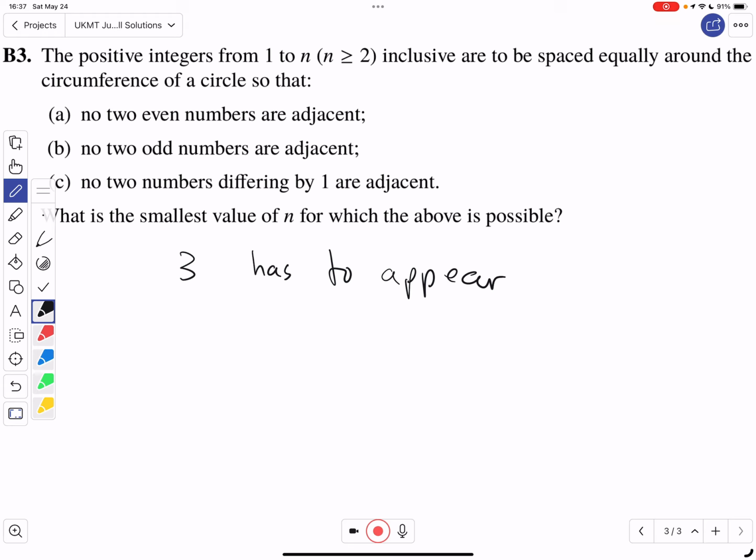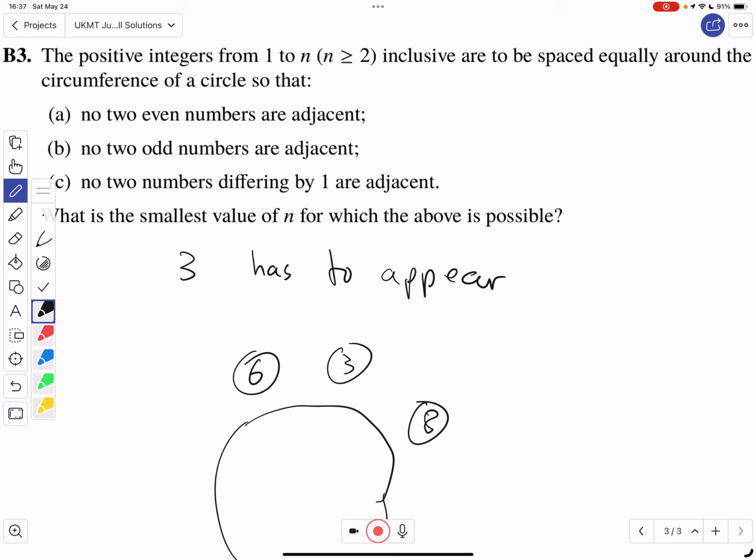Now, the only possible values that 3 can be next to, so if you have 3 here around this circle, and then what goes here, the only possible values are 6 and 8. Those are the only possible values.